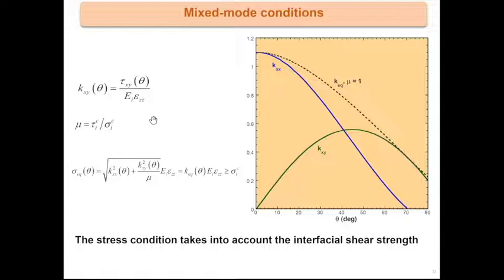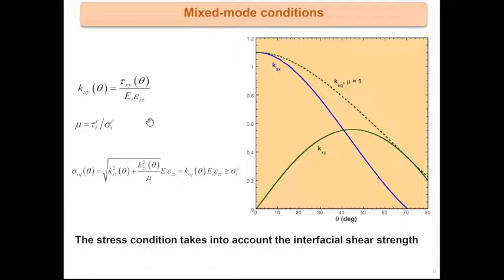Because obviously at the debonding, the normal stress is dominating, but as soon as the angle is increasing here, the shear stress is more and more present. So the question is, is it necessary at the onset of debonding to take into account the mode mixity, the mixed mode? This is very often a question we have.